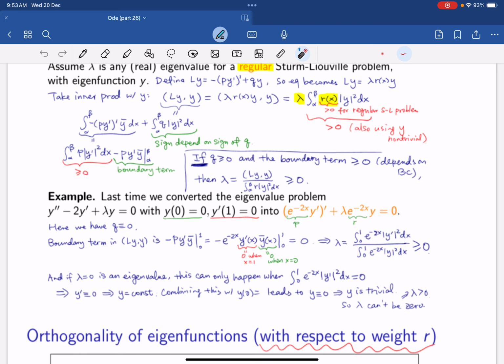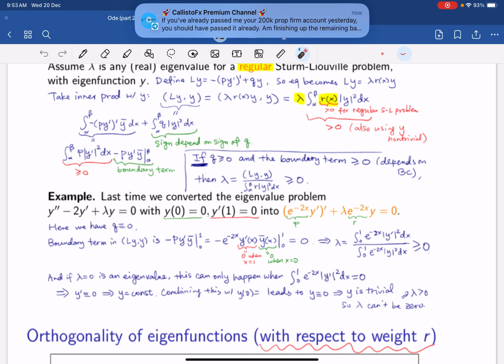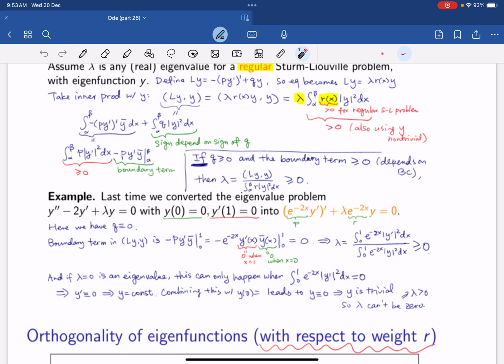And lambda can only equal 0 if the following happens. But for this to happen, then the eigenfunction must be constant and it must be 0. So this shows that lambda is strictly positive, since if lambda is 0, then the eigenfunction is trivial, which cannot be.